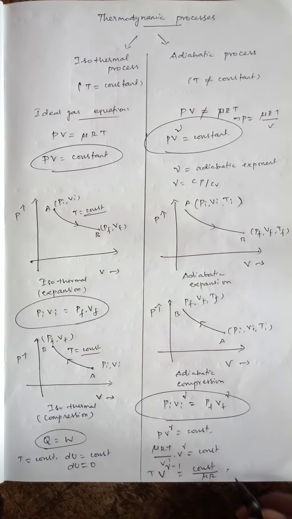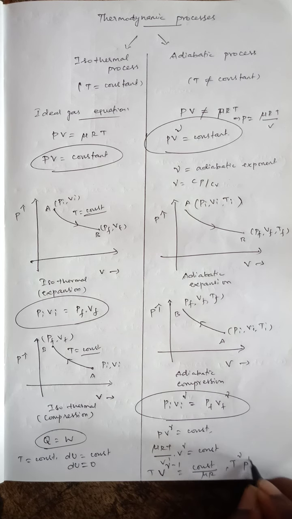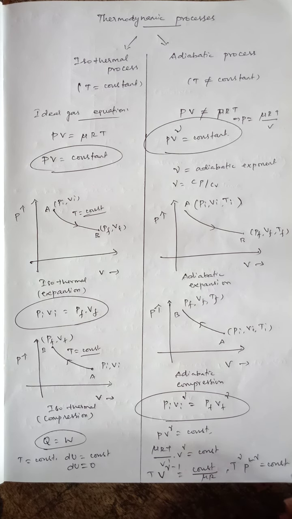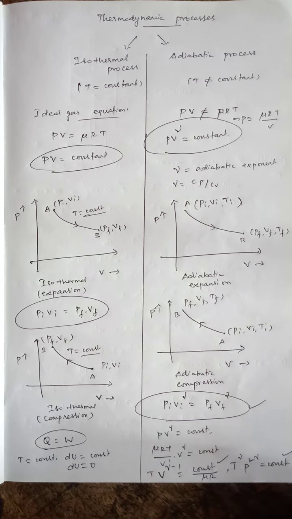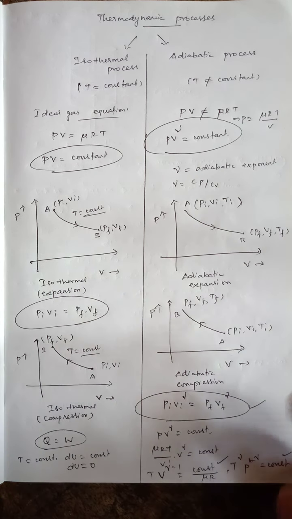Then we write the same thing in another form: T^gamma P^(1 minus gamma) is equal to constant. So all three of these, 1, 2, 3, are equations for the adiabatic process.